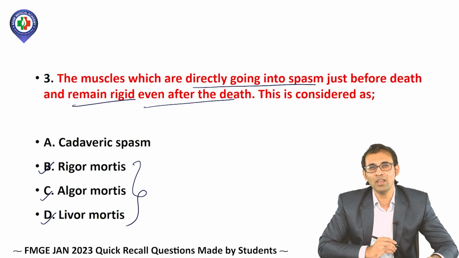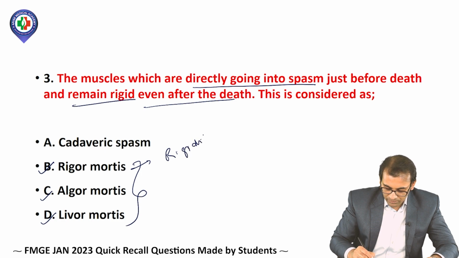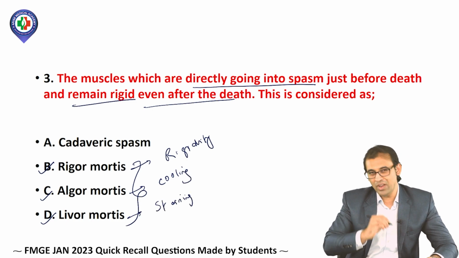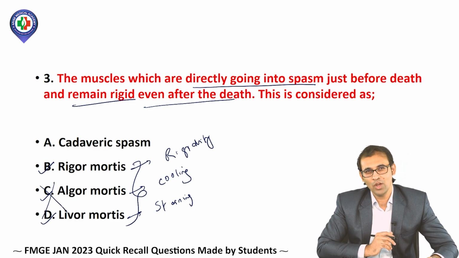These are the signs of molecular death. Rigor mortis means rigidity of dead body. Algor mortis, cooling of dead body. Livor mortis, staining of dead body. So when we see the question, C and D are not related to the question.